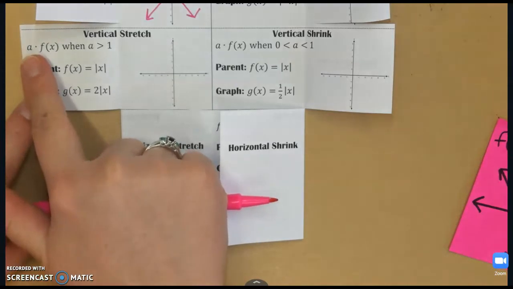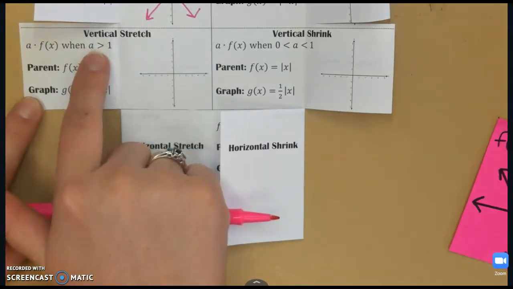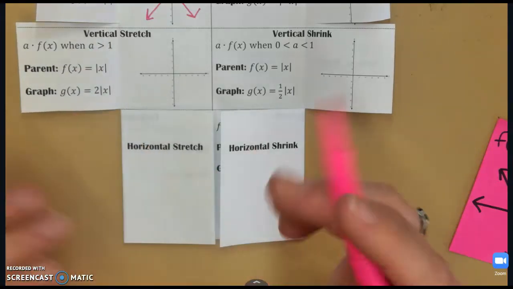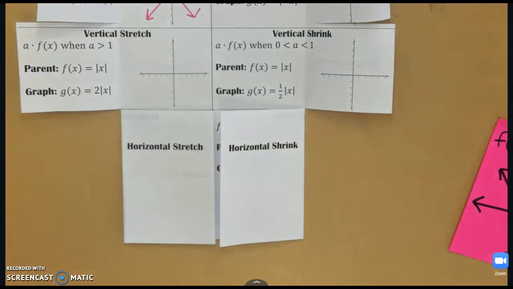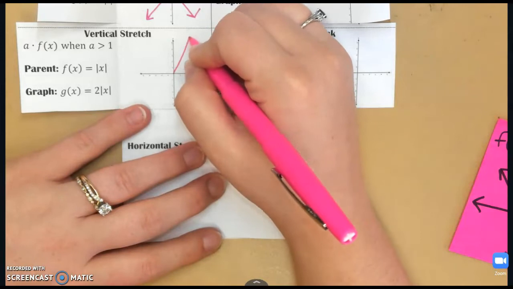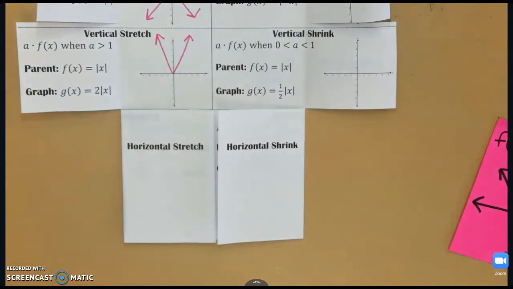If it's outside, we're multiplying by a value that's bigger than 1. That means we are stretching vertically. So if I have 2 times the absolute value of x, what that means is it's going to get taller faster. So my origin's not changing, my vertex is not changing, but I'm going to be getting skinnier. I'm going to be getting taller.